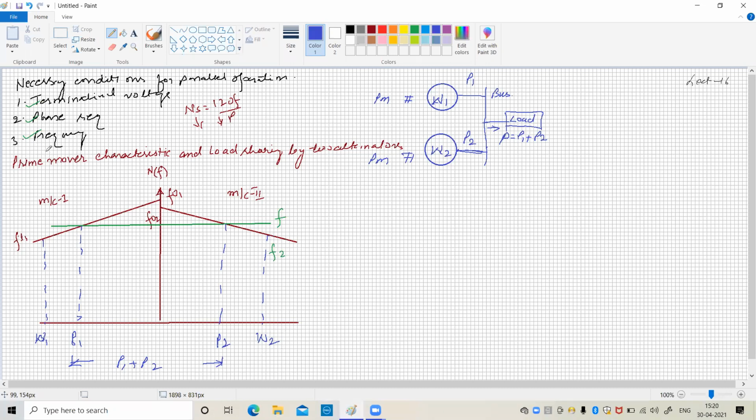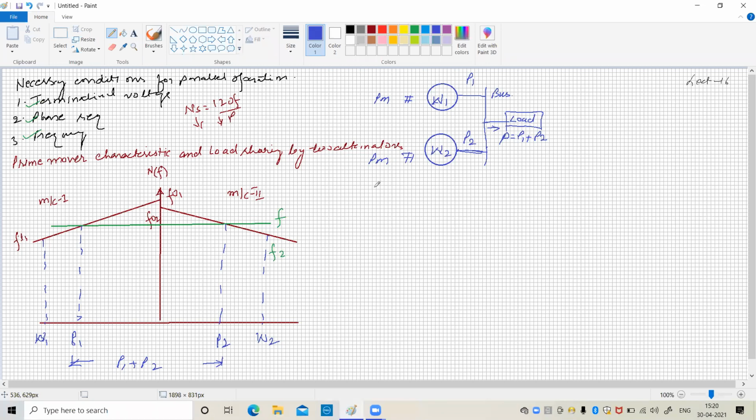When the two alternators work in parallel, there is definitely a common frequency, represented by F, at the intersection of these characteristics, where the load shared by alternator 1 is P1 and by alternator 2 is P2.